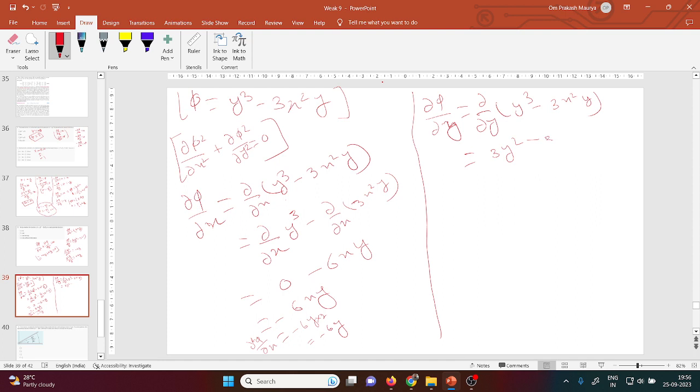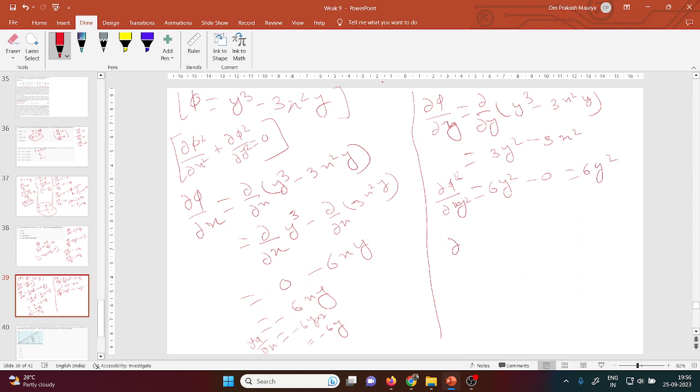But when you differentiate again with respect to y, here is no y term, so this will be 0, so only 6y².